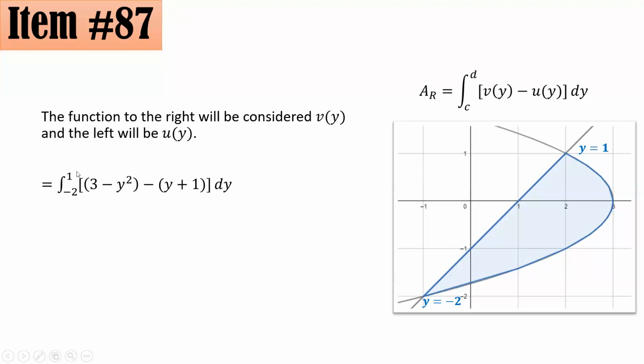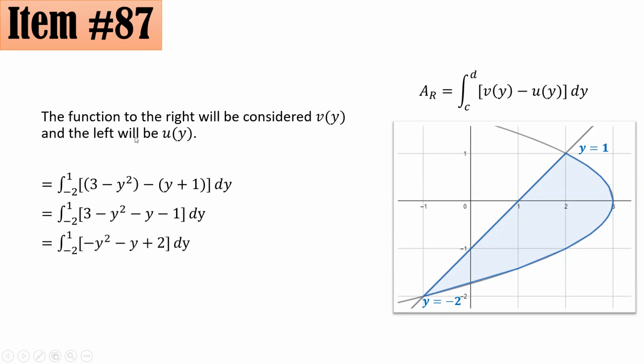So with this, yung sa left ito yung curve na to, which is 3 minus y squared. Subtract it with the 1 at the, sorry, ang right pala, right minus left. I stand corrected. That's 3 minus y squared minus this 1, which is y plus 1, dy.